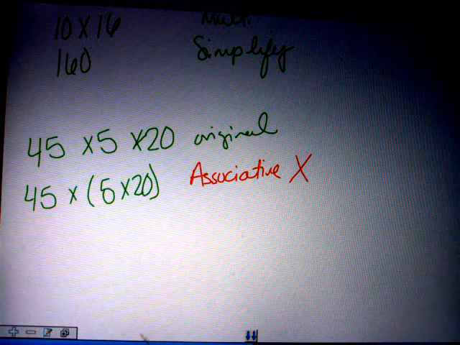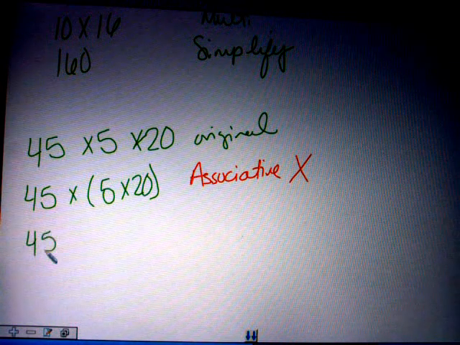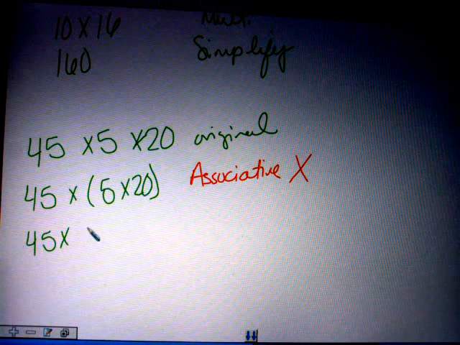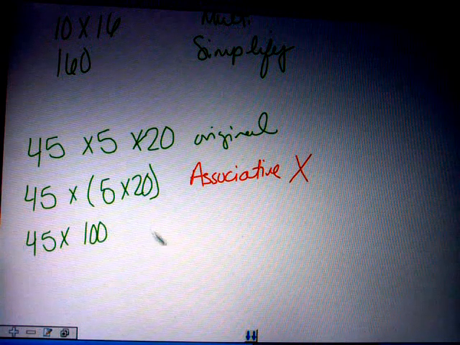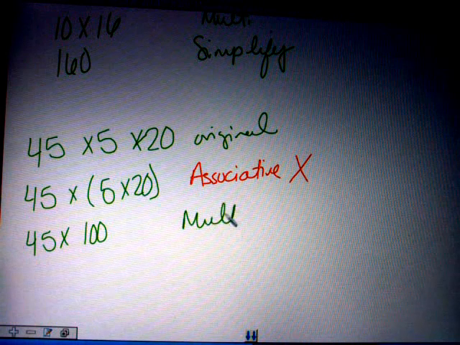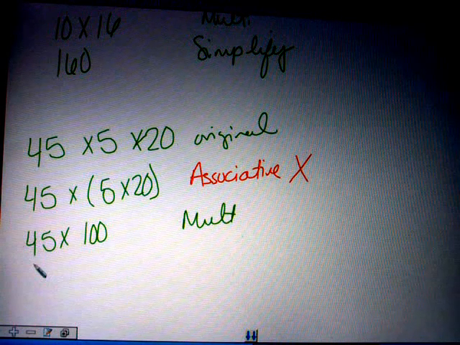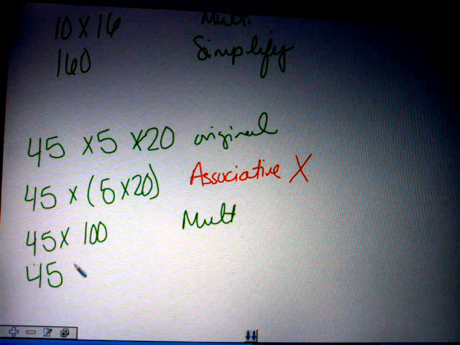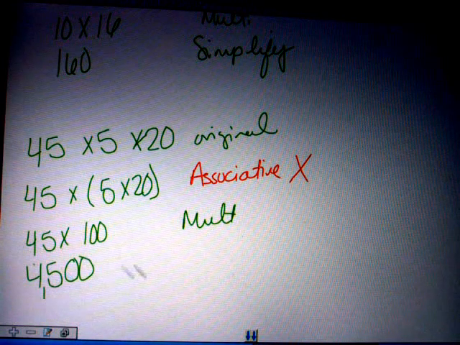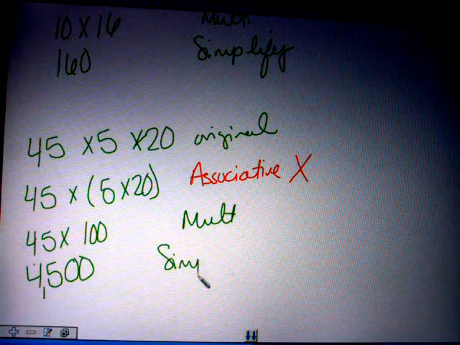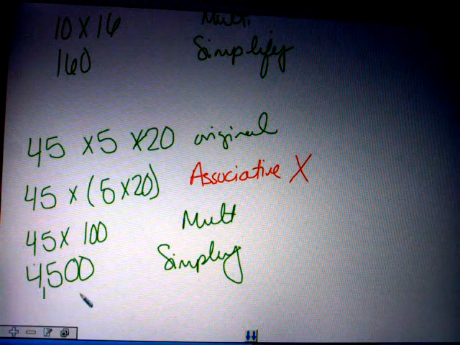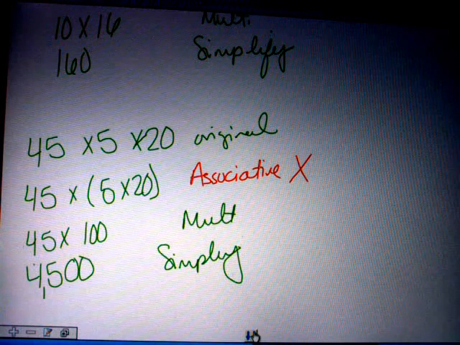Then I take 45 times 100, and all that is multiplying. 45 times 100 uses our pattern where we just tack on 2 zeros at the end. It's 4,500, and that's just simplifying. So she ran for 4,500 minutes.